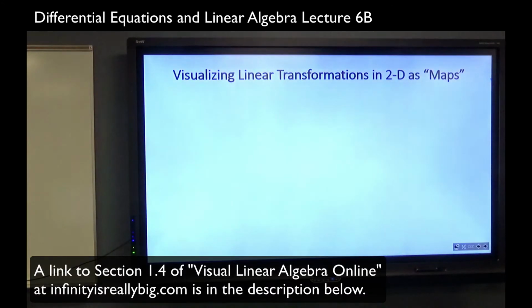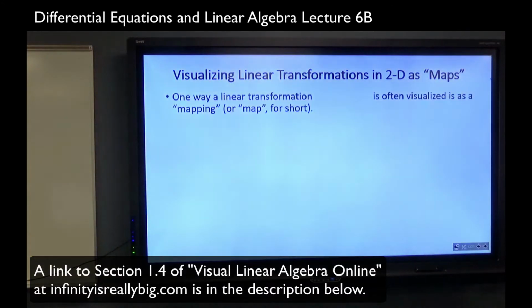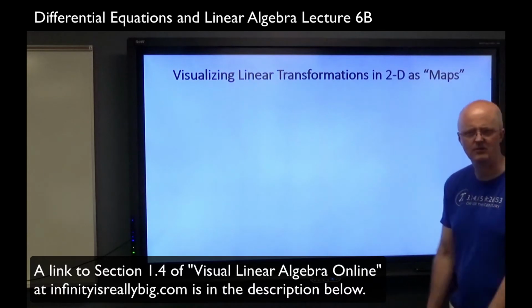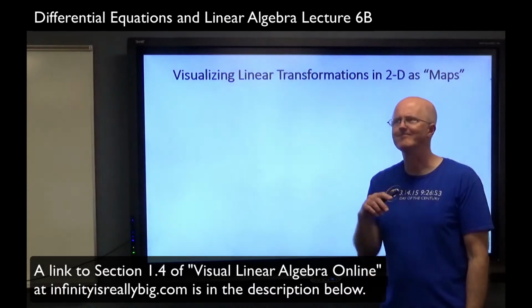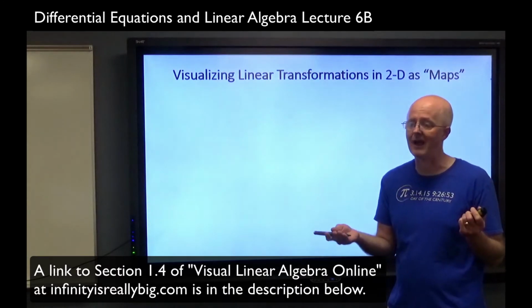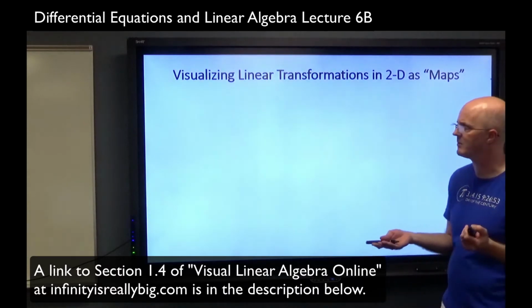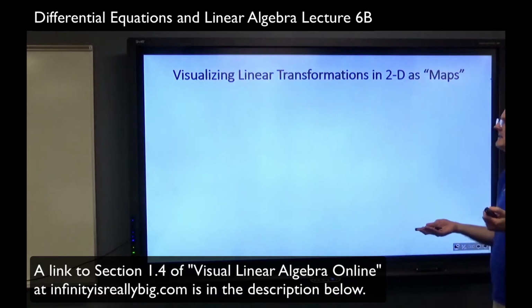You can also visualize linear transformations. How? Is it an ordinary kind of graph? You could make a pair of ordinary graphs, though they would be multivariable calculus graphs. But it's more traditional to visualize these things as maps.